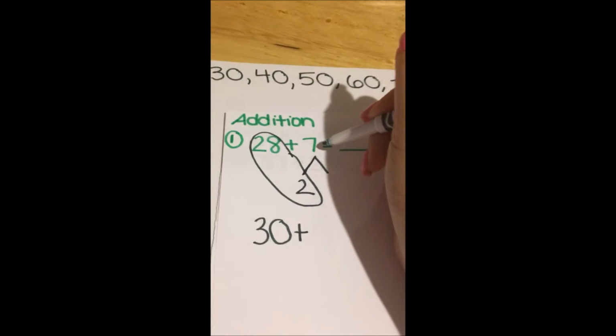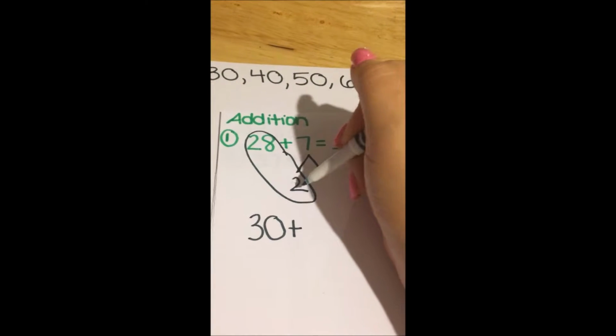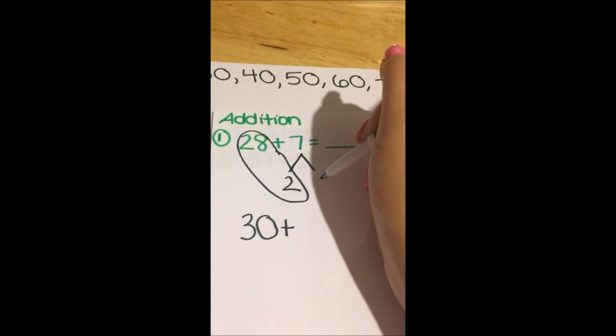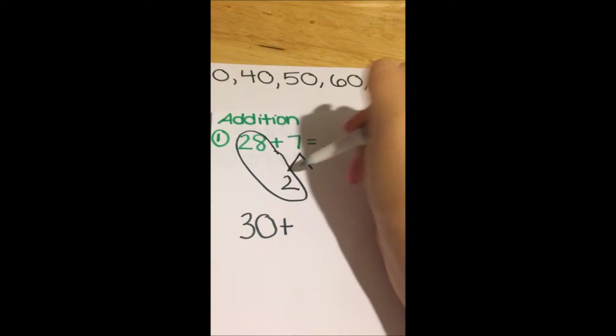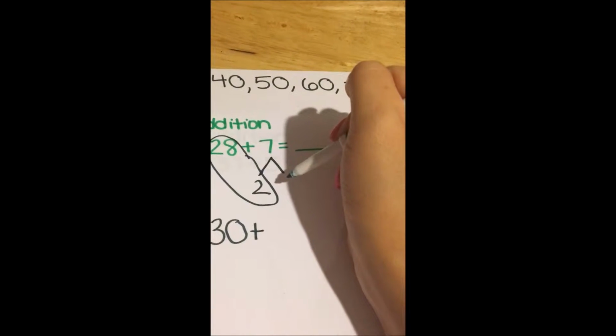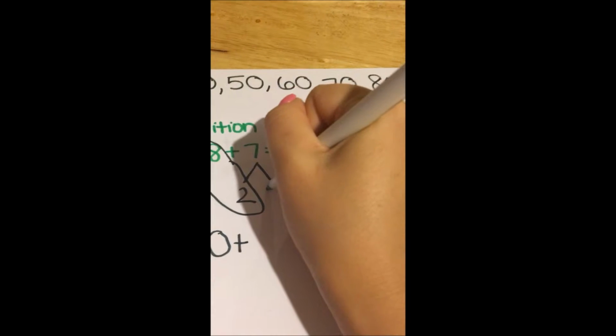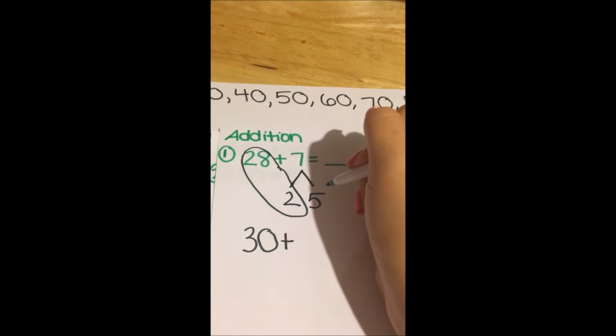Now the 7 says, I gave you 2. How much is left over? What is 7 minus 2? If you said 5, you're right.